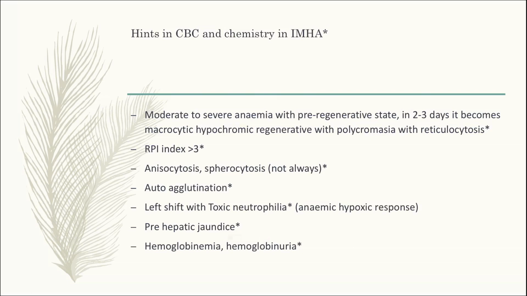And because of this, you will also see plasma or serum not pale, not transparent. It will be really rose red to hemorrhagic in appearance, and urine will also be pigmented. You will see hemoglobinuria and hemoglobinemia. Fine.